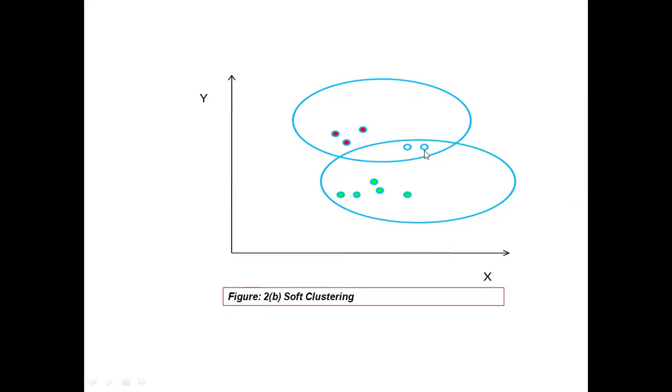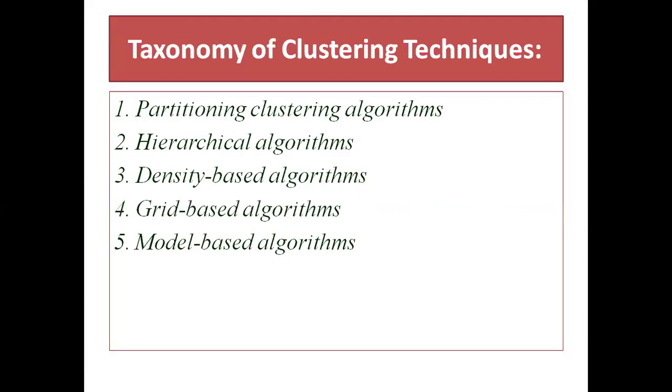These two data points, at the intersection of these two clusters, are showing behaviors or possessing mean values which are part of both of the clusters, right? So their membership values are contributing towards both of the clusters. So this is a kind of overlapping condition, and this type of clustering we consider is known as soft clustering.